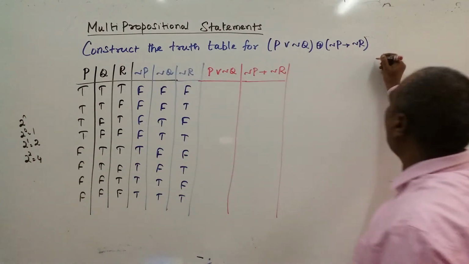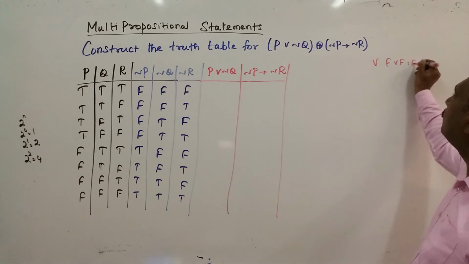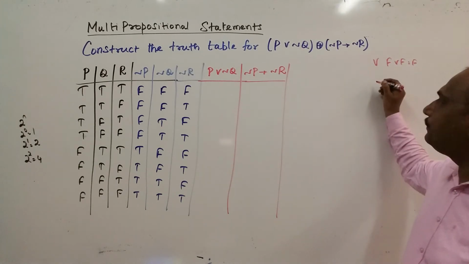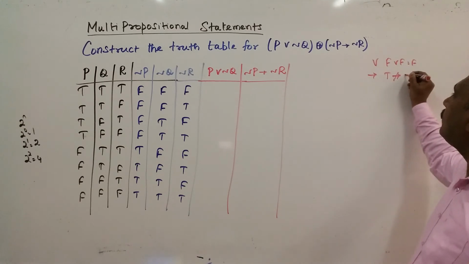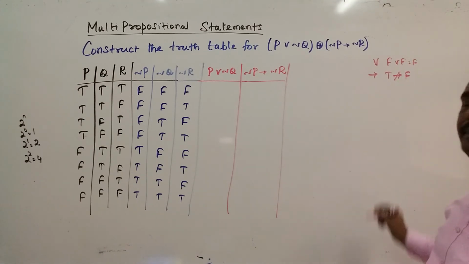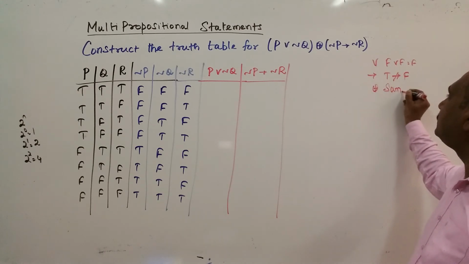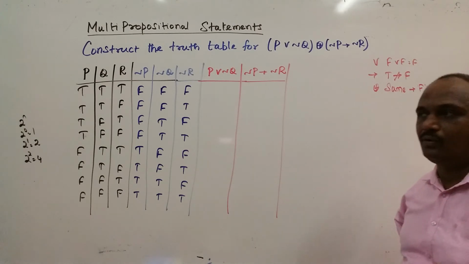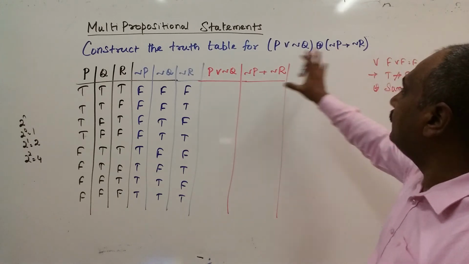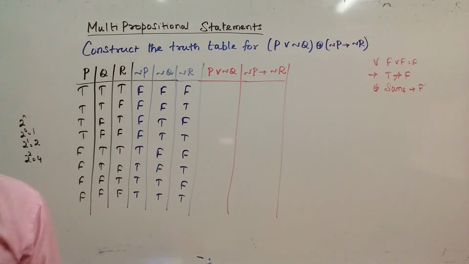For OR, when I have two false statements, the result is false. For implies, a true statement cannot imply a false statement. For exclusive OR, if I have the same values, the result is false. Using this principle, we are going to complete the table.